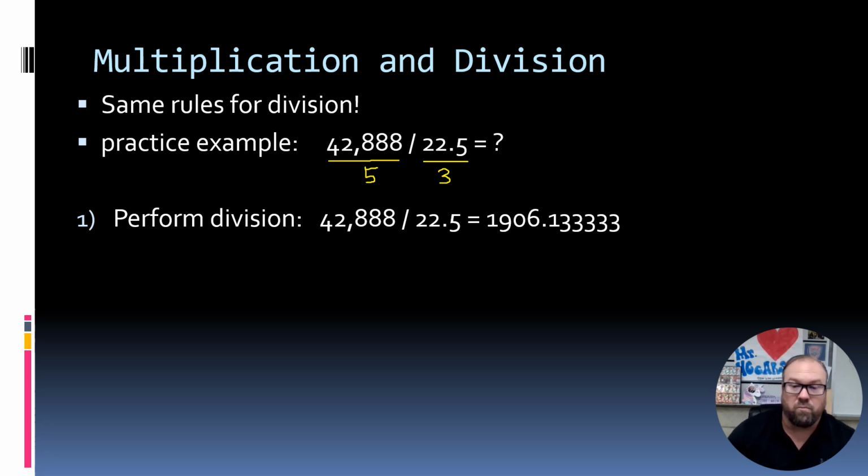And so when we take a look at our number, remember we count sig figs from the left to the right. So in our answer, we have 1, 2, 3, 4, 5, 6, 7, 8, 9, 10 total sig figs, okay?